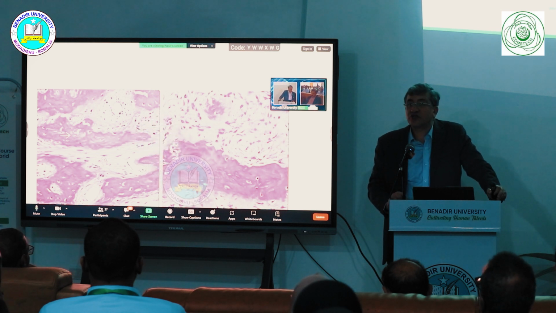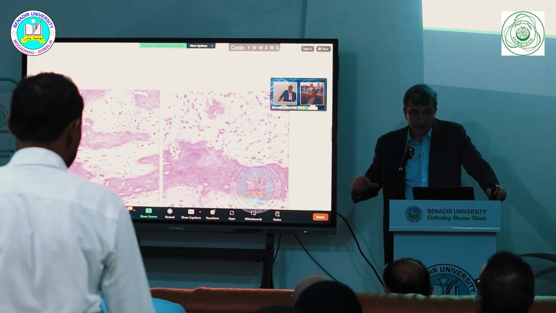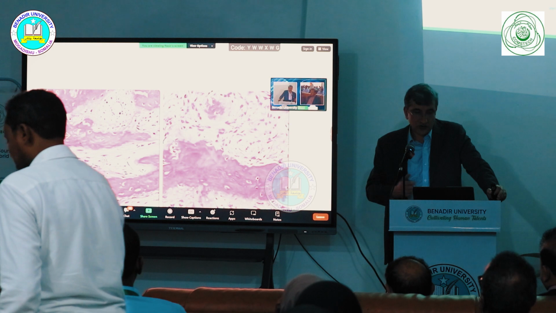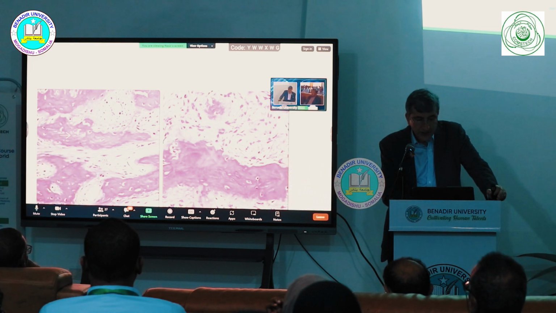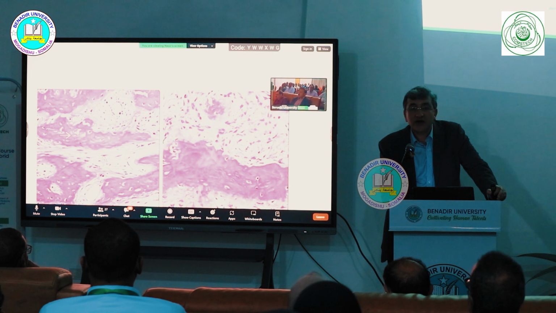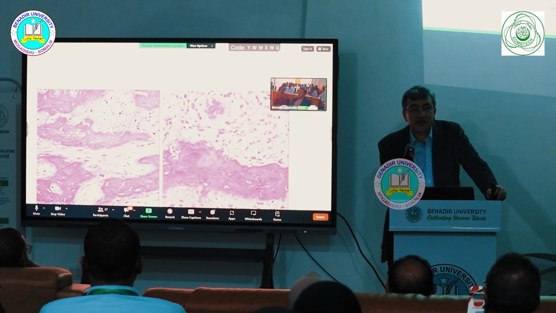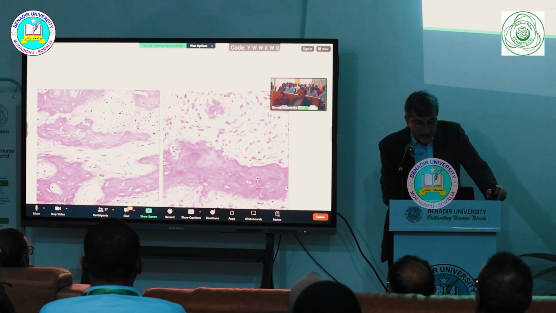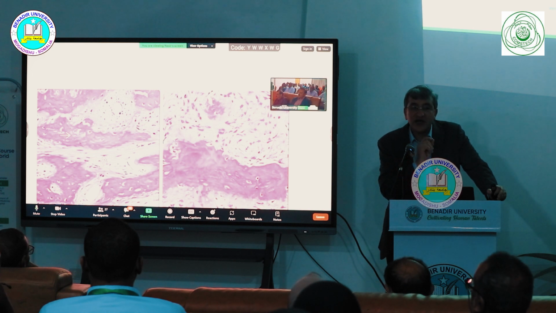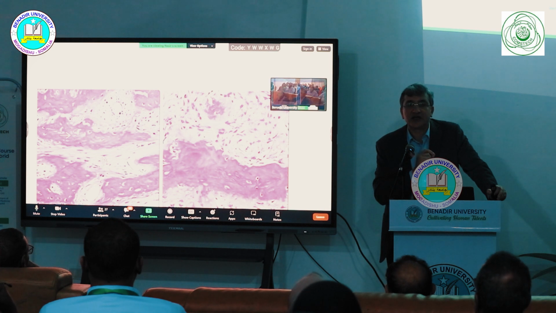Here you see, what do you see? Two components. One is fibrous, yes, you can see hyalinized areas, plus bone, woven bone. These cells show very subtle hyperchromasia, not very atypical.